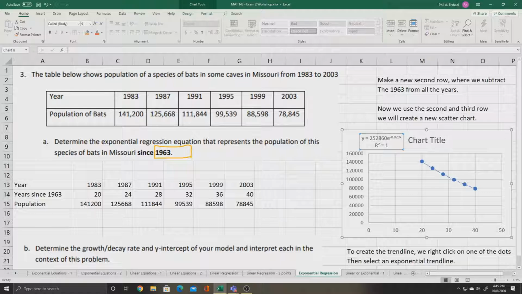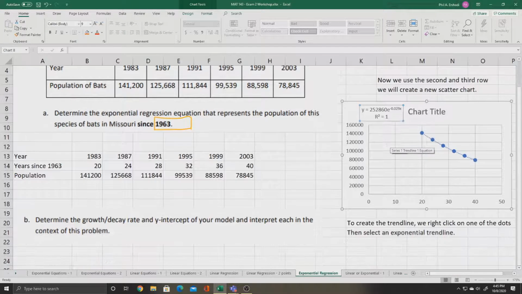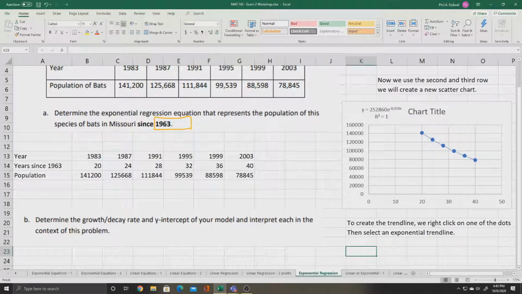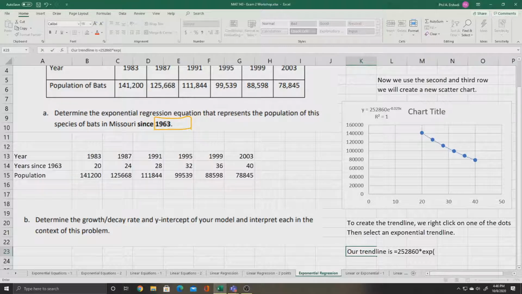So our trend line is 252,860 times e raised to the negative 0.029x. I'll type that here. Now bear in mind that when you do it in Excel, we can't just write the e next to the number. We have to say times and exp parentheses and then enter what comes after the e.